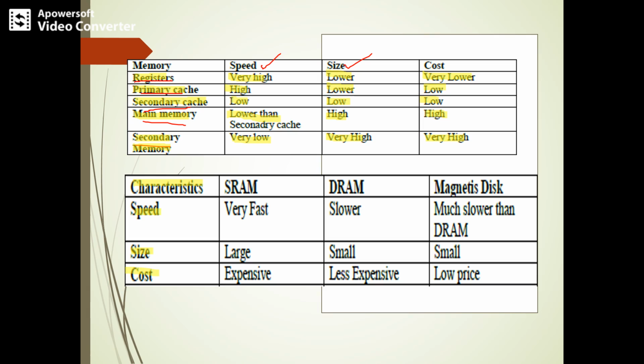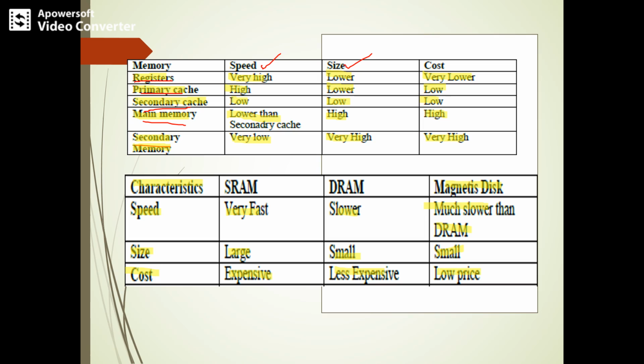If I am considering SRAM, the speed is very fast, the size is small and cost wise it is expensive. Similarly DRAM is slower, larger and less expensive. Similarly, magnetic disk or secondary storage is much slower than DRAM, the size is very large and the price is low.